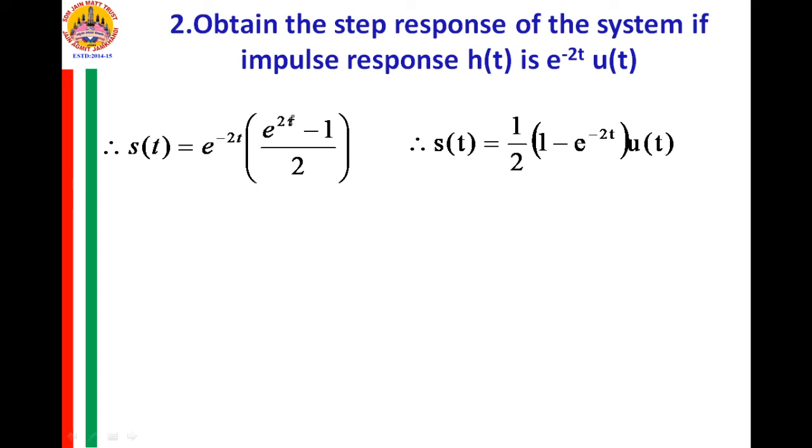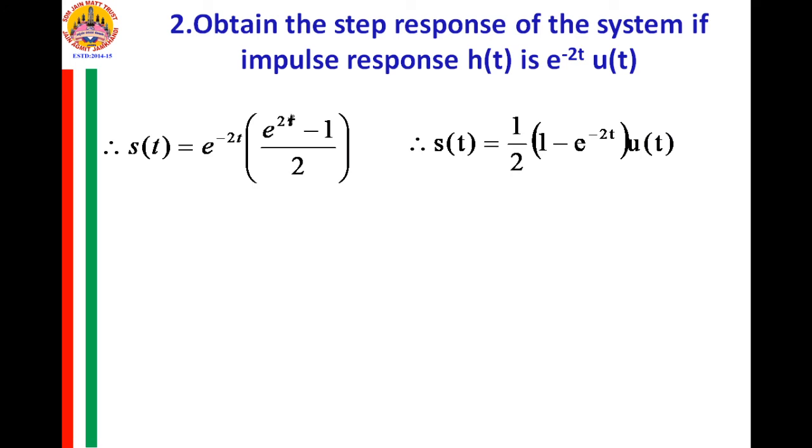After replacing tau with t, this is t that we have to take. When we multiply e raised to minus 2t with this e raised to 2t, you will get this as 1 and this e raised to minus 2t. Now this product of u of t indicates that this s of t exists for t greater than or equal to 0.